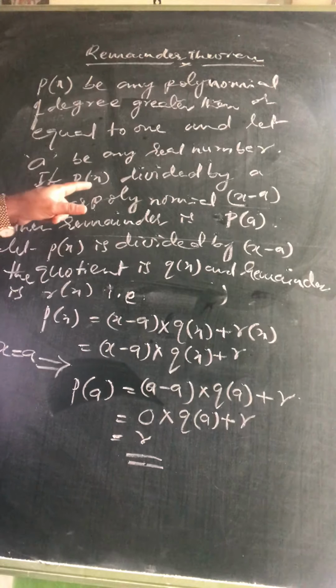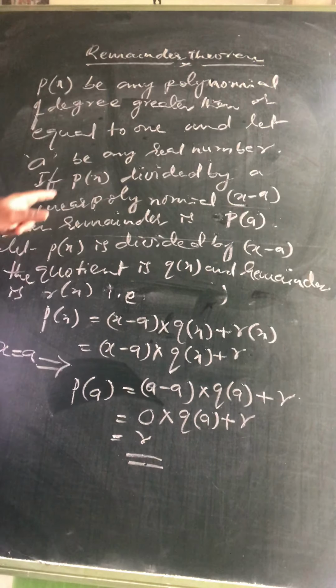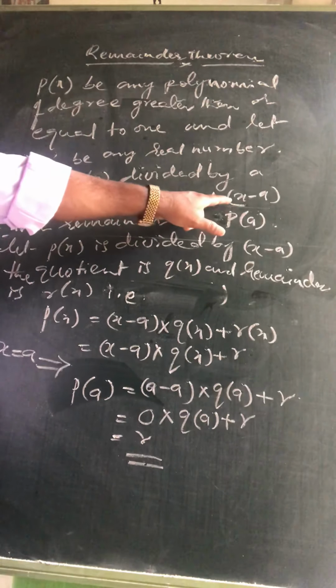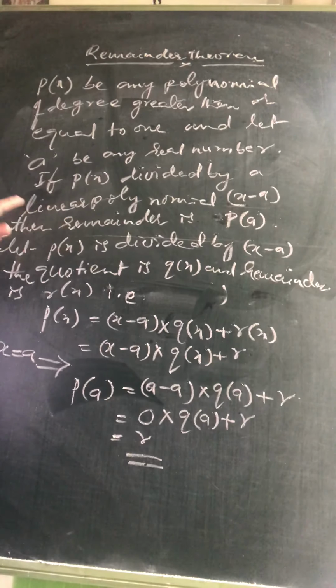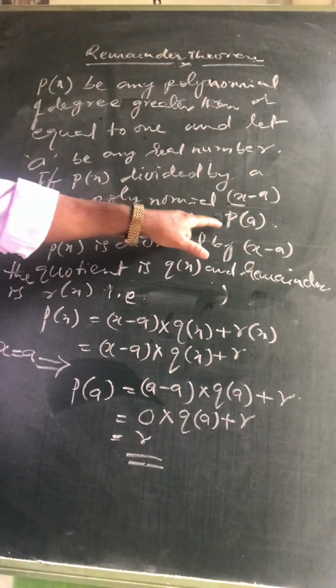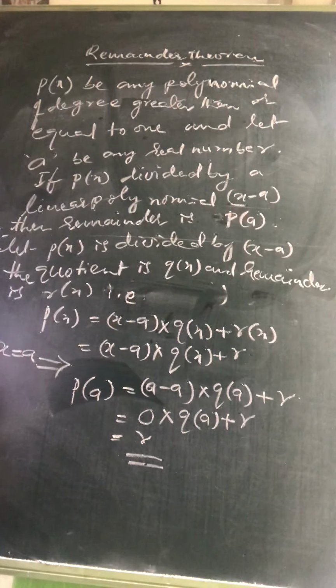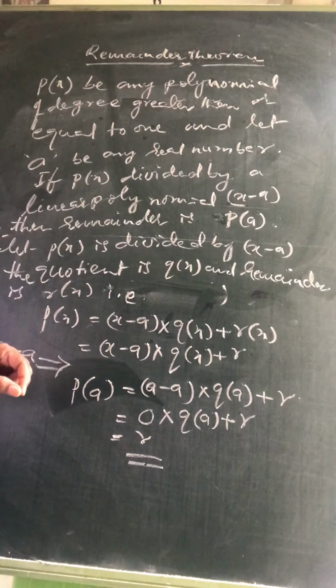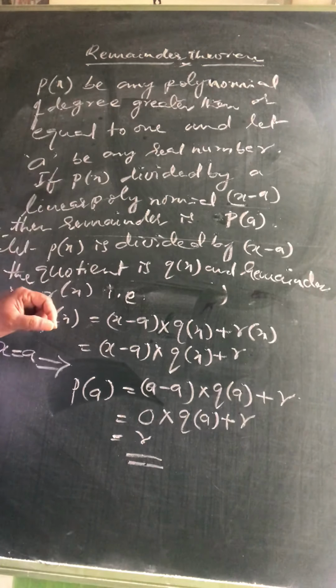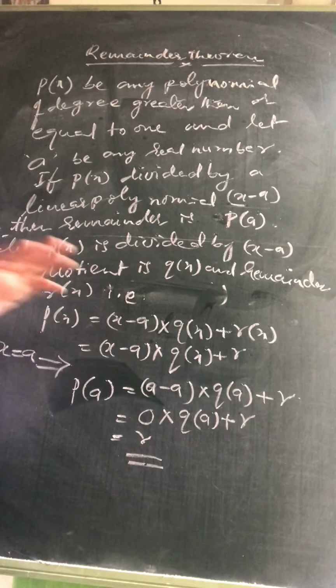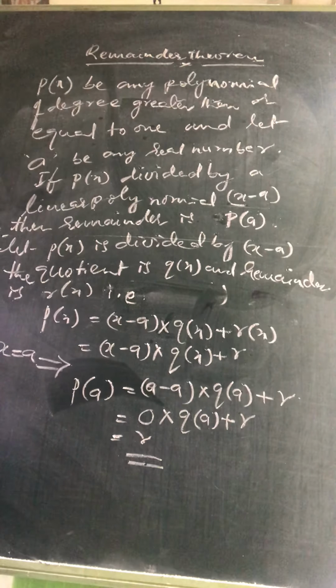If P of x is divided by a linear polynomial x minus a, then the remainder is P of a. Means in the place of x we have to substitute a. Whatever final answer you get is the remainder. So now we are going to do the proof.